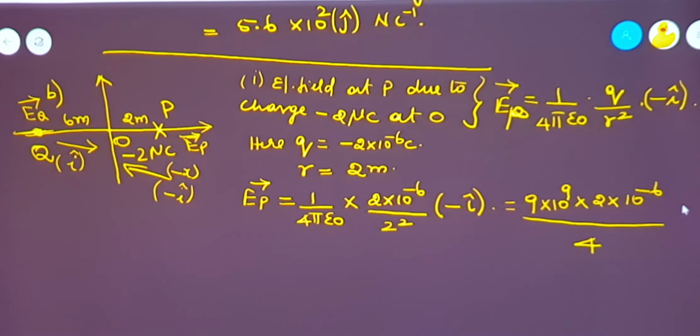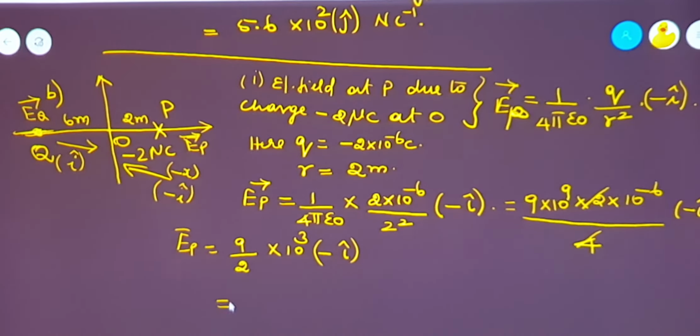Now on getting the direction, it is minus I cap. Simplify, what will be the answer then? EP vector is equal to 9 divided by, here 1 2, here 1 2, so I can consider this as 9 by 2. Multiplied with 10 power 9, 10 power minus 6, it is 10 power 3, minus of I cap.